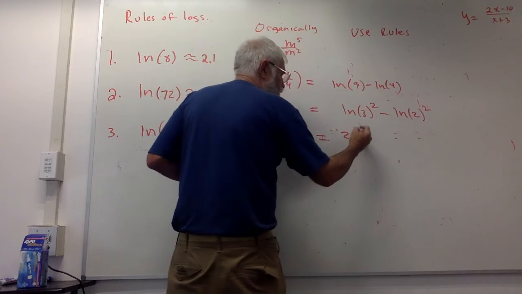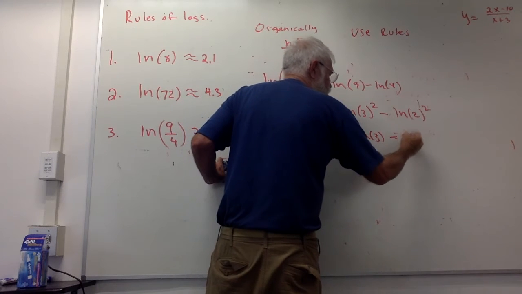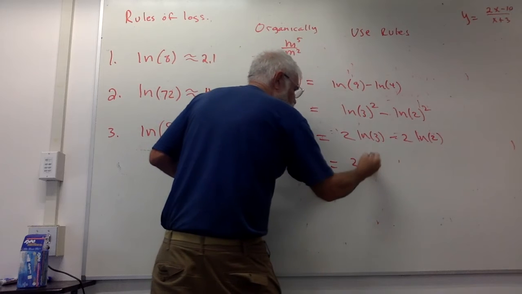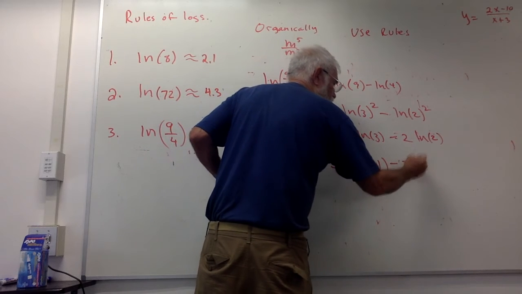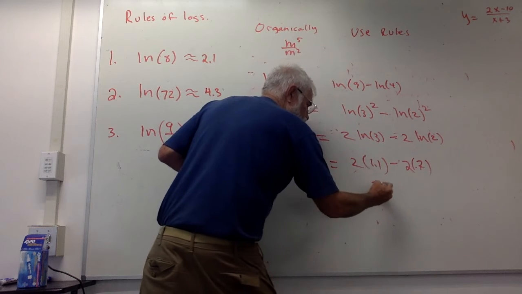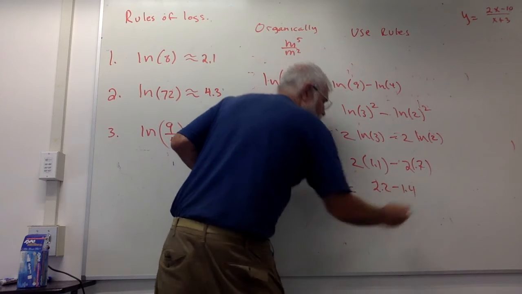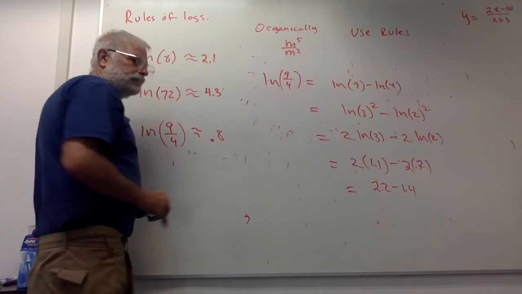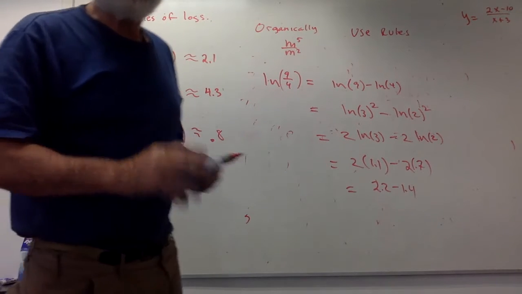And so that's 2 ln of 3 minus 2 ln of 2, which is equal to 2 times 1.1 minus 2 times 0.7, which is 2.2 minus 1.4, which is 0.8. Okay, so that's what that was.